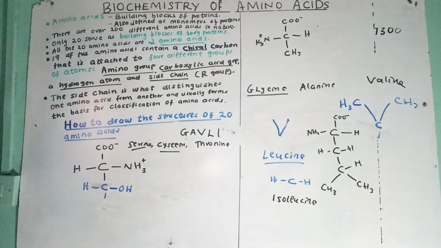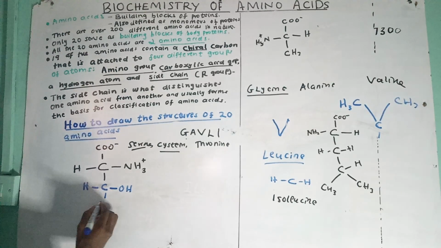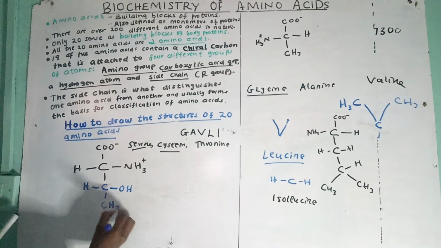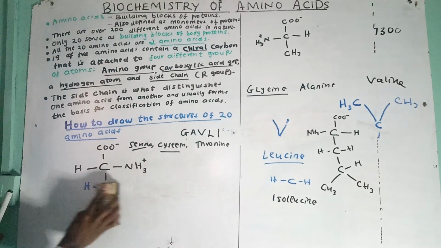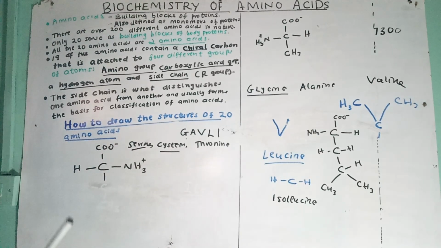That is threonine. For threonine, we shall have an OH and a methyl group. So those are the next three. So if we add 5, we get our 8. We have drawn so far 8 amino acids. So we go to the next.